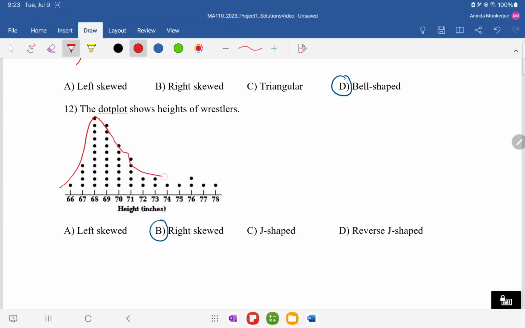Definitely, it has a long tail. It has a peak to the left and a long tail to the right. Therefore, it's a right skewed distribution.